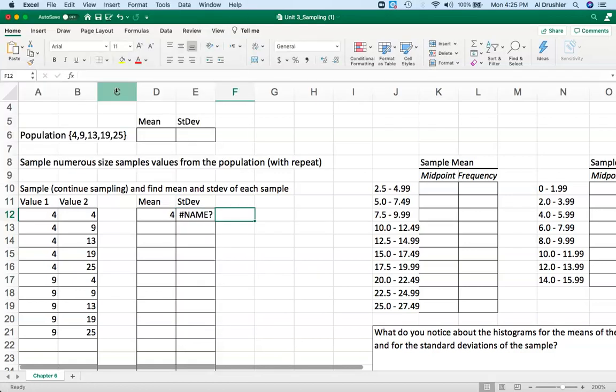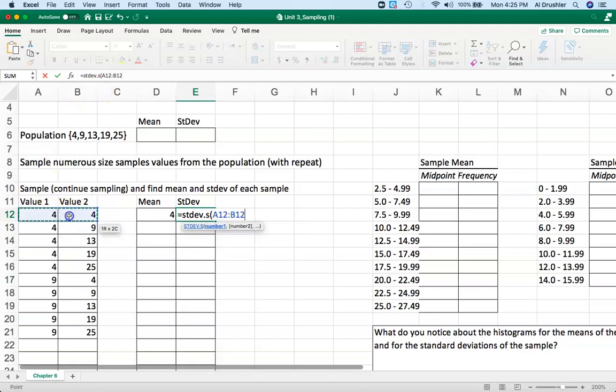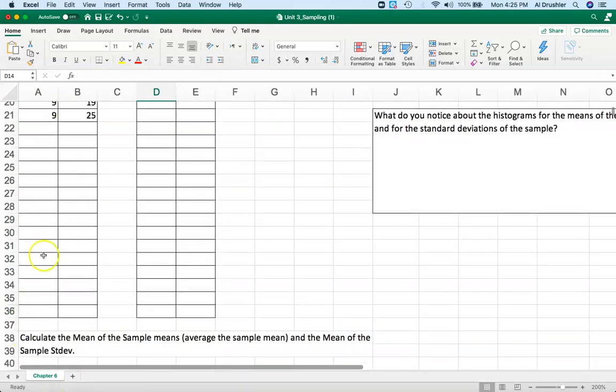So it's that one right there. Dot s, and then these two. That's a sample standard deviation. So we're getting various means and standard deviations for all the possible samples. You're going to see there's this many possible samples.